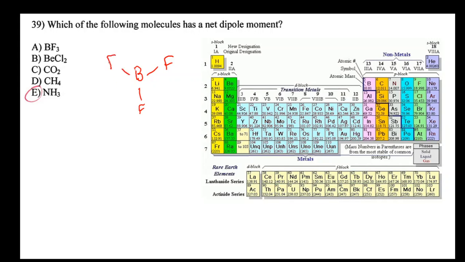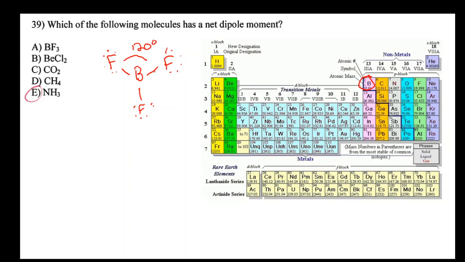Boron is in this group that doesn't mind having a valence shell of just 6 electrons, and each of the fluorines is filled with 8, so that's fine. The Lewis structure would look something like this, and if you looked on your table, you would see that each of these is 120 degrees apart.